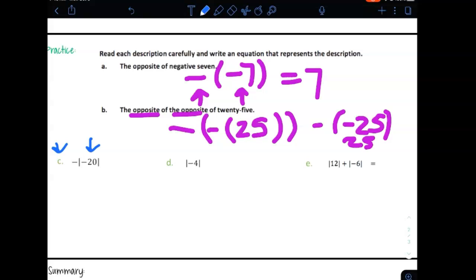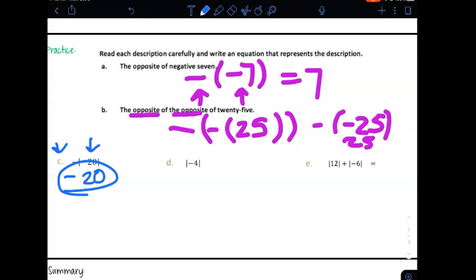So the absolute value of negative 20 is positive 20, and I'm just going to bring down that opposite sign, and that's my answer. The opposite of the absolute value of negative 20, which would mean the opposite of positive 20, is back to negative 20. Sounds like a lot of jumping around over the 0 on the number line.